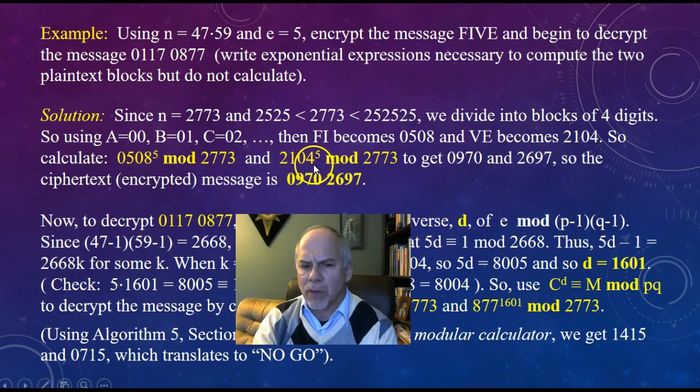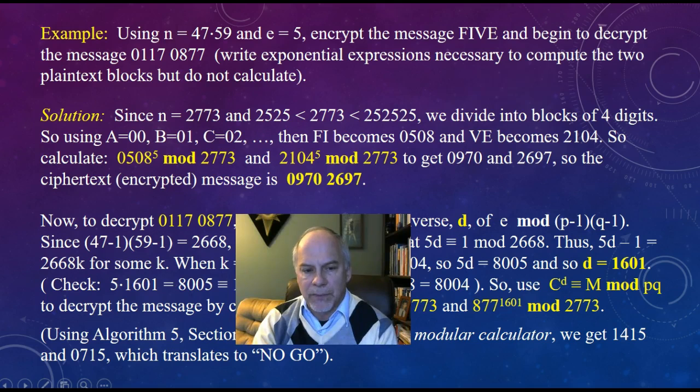And then 2104, the second block, to the 5th power mod 2773 comes out to 2697. So our encrypted message is 09702697. All right.